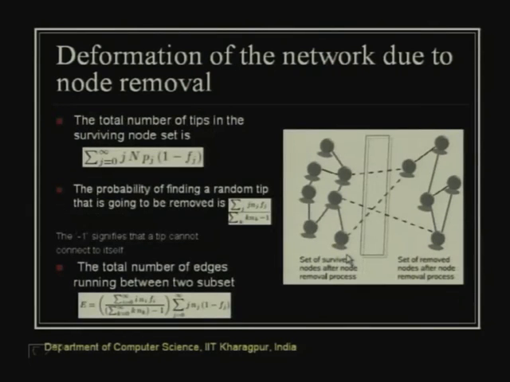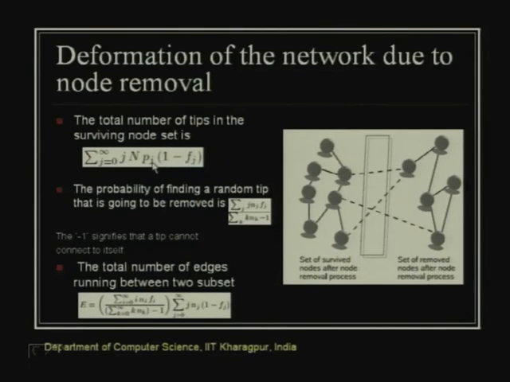Okay, great. So now see, I think in terms of tips. An edge has two tips, the two ends of an edge. Now, total number of tips in the surviving nodes, tell me. Again the number of nodes is pk qk, meaning pk into 1 minus fk.